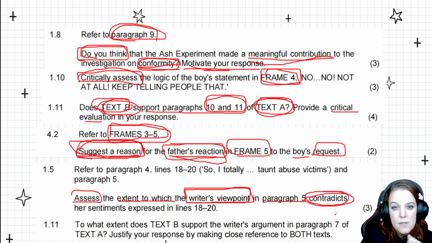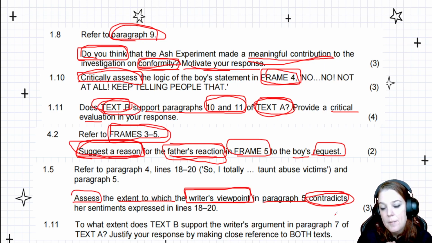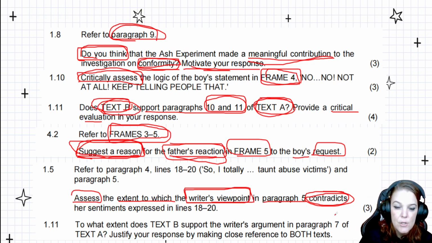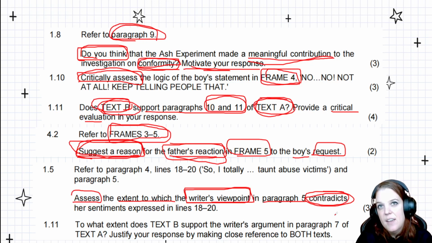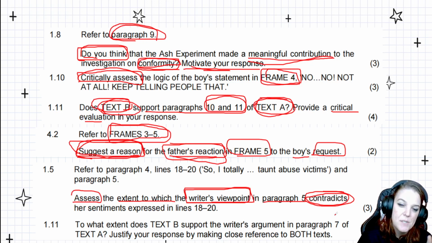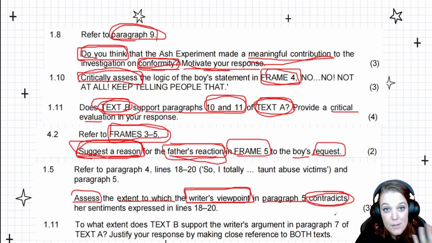When you're contradicting something, maybe you are saying one thing but then you're doing another, or your actions and what you're saying don't match up. Say you're saying that students can only go to the bathroom after class, but then when someone puts up their hand and says, can I go to the bathroom, you say, yes, of course you can.